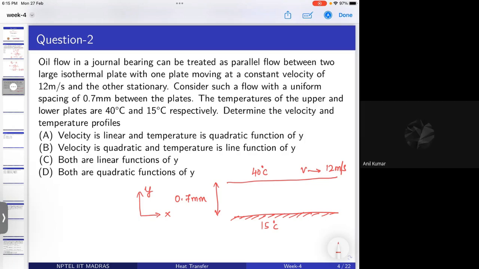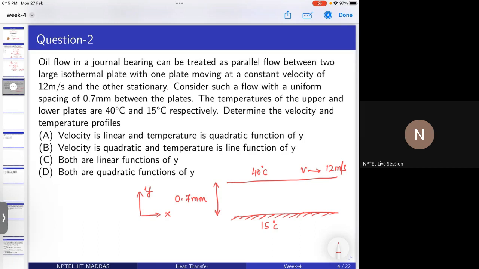Sir, isn't there any equation for Couette flow that can be used directly? Actually, from the governing equations, you can find it out. Like this fluid flow, it's a shear driven flow. The flow is happening because of the movement of the top plate.